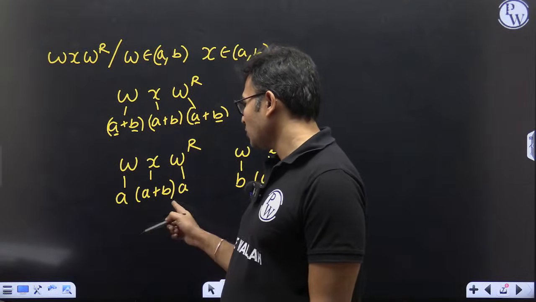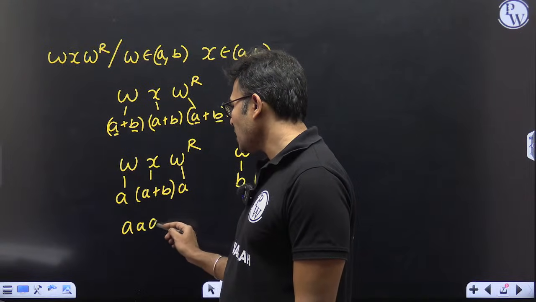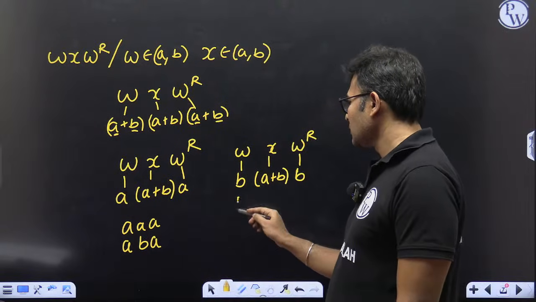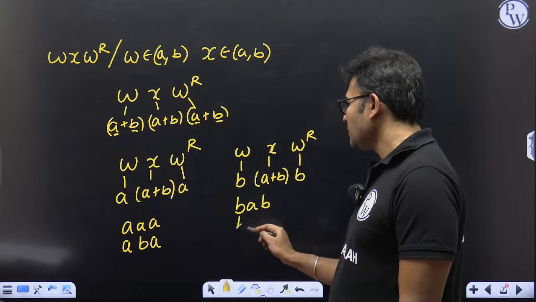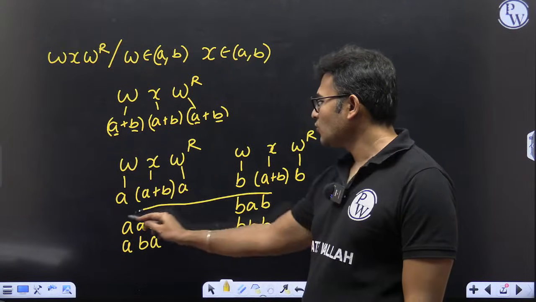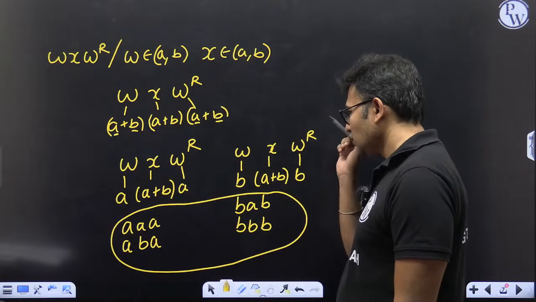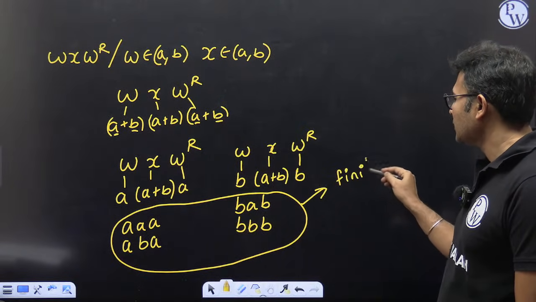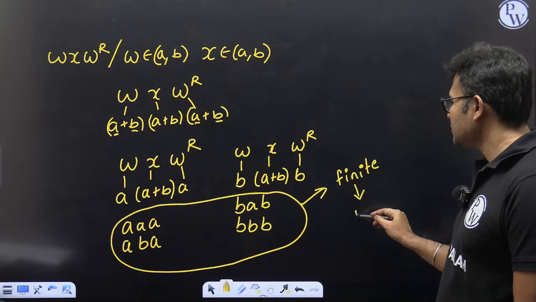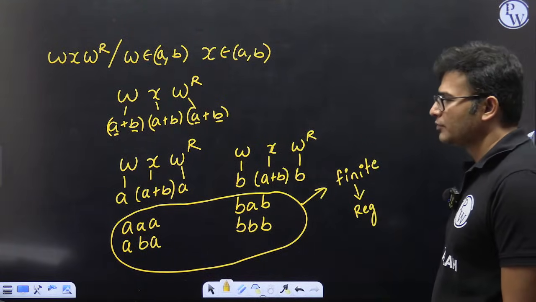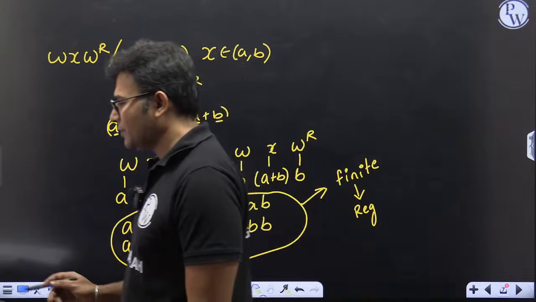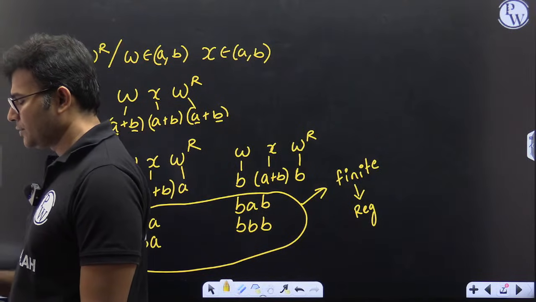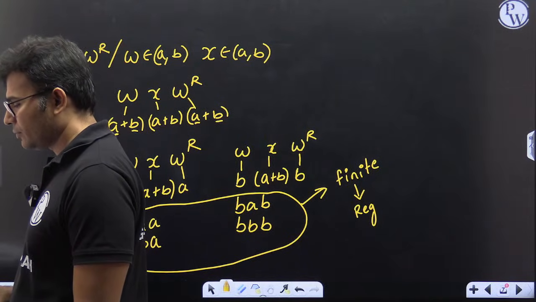The strings you get are AAA, ABA, BAB, and BBB. Totally we have 4 strings, which means the language is finite. If the language is finite, then it is regular, right?